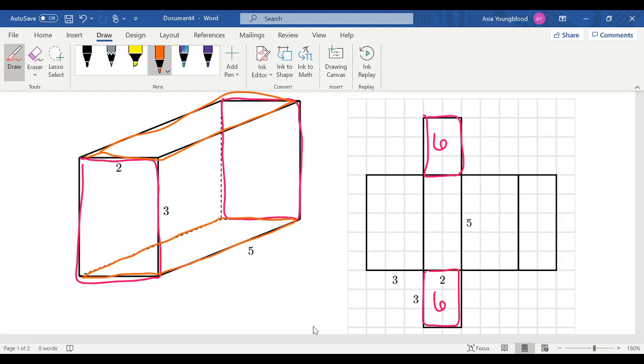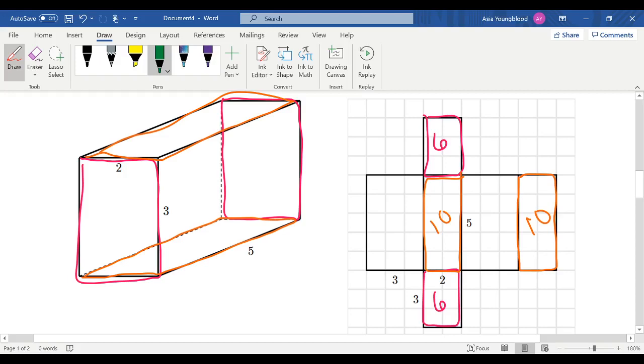So we have two 2 by 5 rectangles, and we can see those rectangles right here, 2 by 5 and 2 by 5. So these two areas are going to be 2 times 5, which gets us 10. So these two areas are 10.